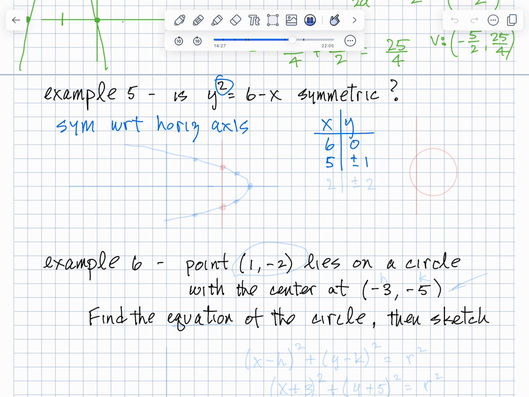The other one we can choose, let's choose 2, because that makes it easy. 6 minus 2 is 4. Y squared is 4, so when x is 2, y is plus or minus the square root of 4, which is 2. So let's go ahead and sketch this and see what it looks like.